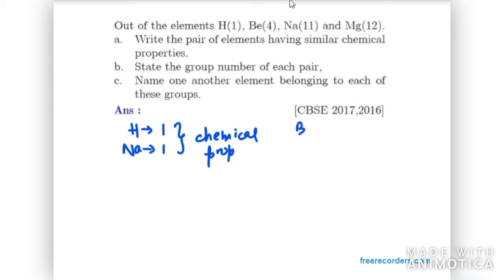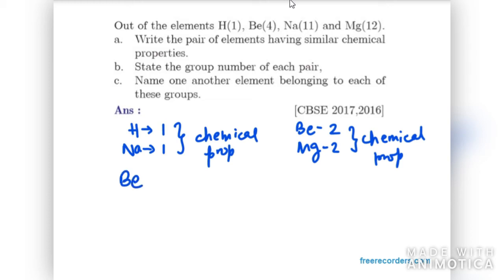Therefore they have the same chemical properties. And the other two, beryllium has 2 valence electrons and magnesium has 2 valence electrons, so therefore they have the same chemical properties.